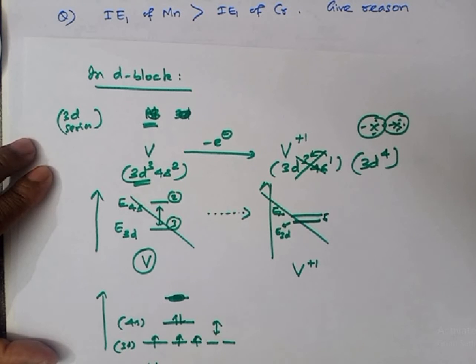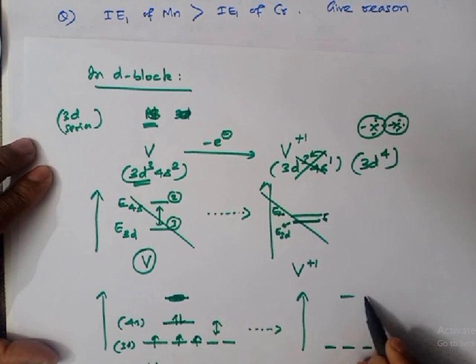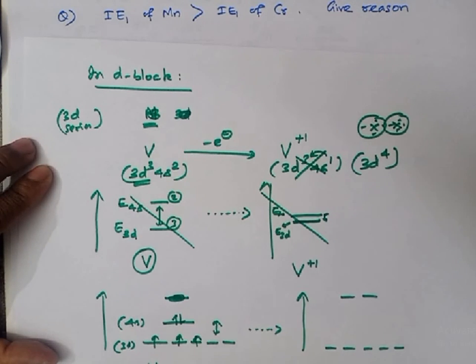What happens if I remove one electron? If I remove one electron, the energy gap increases, student. We have removed one electron, therefore we have 3 electrons in the d subshell, and now we have only 1 electron in 4s.